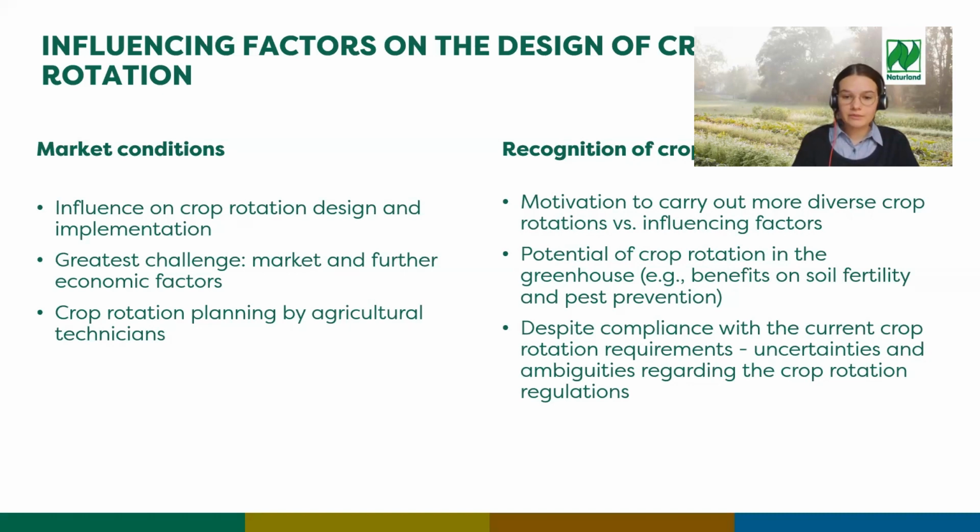But by now, sometimes there's no connection seen between a one-sided crop rotation and cultivation challenges like pest and disease pressures and problems. And despite compliance with the current crop rotation requirements, many producers face uncertainties and unclearness regarding the specific crop rotation regulations and what they really mean for them in practice.